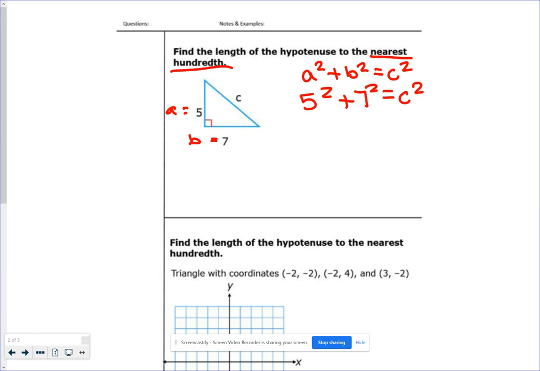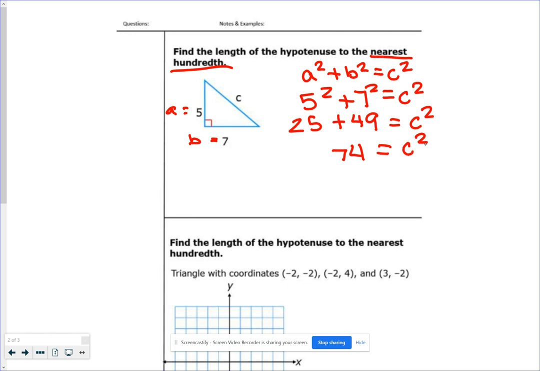So now you go and you do the squaring. So 5 squared is 25 plus 7 squared is 49 equals c squared. Then we add them, and we get 74 equals c squared.